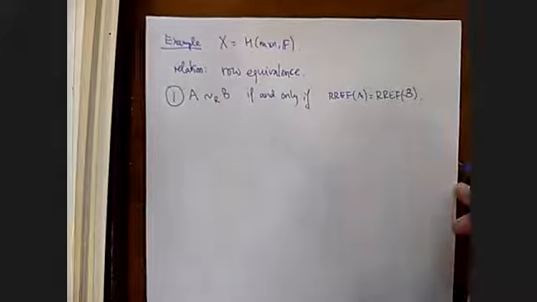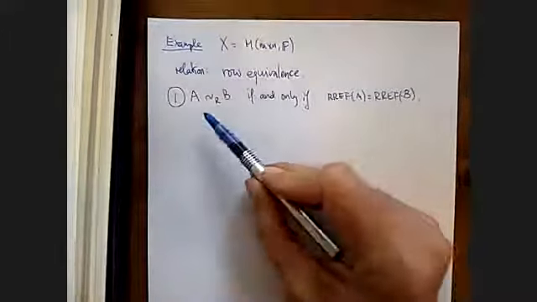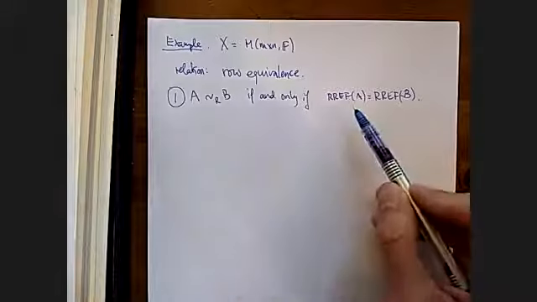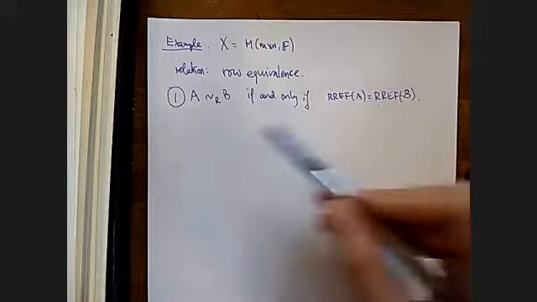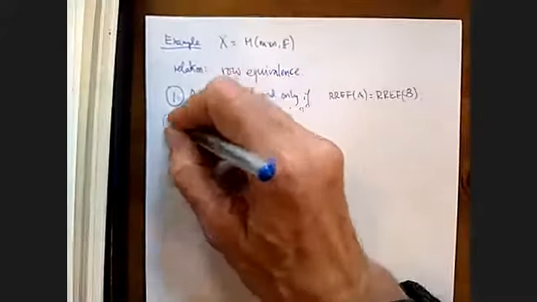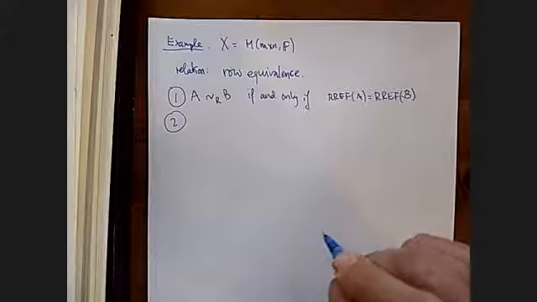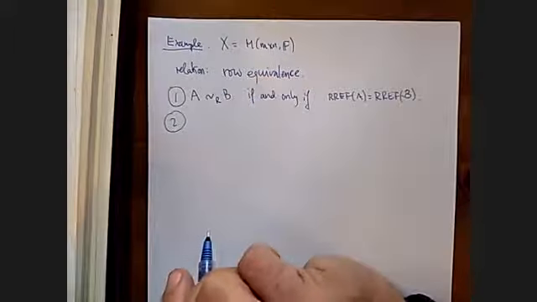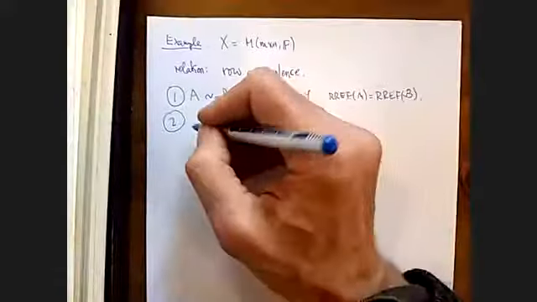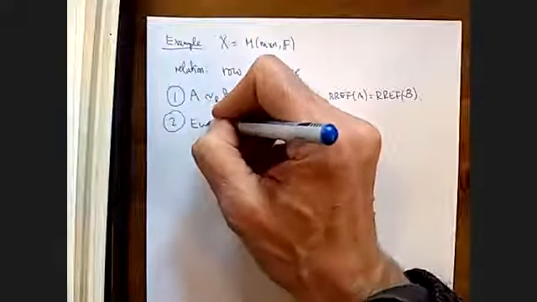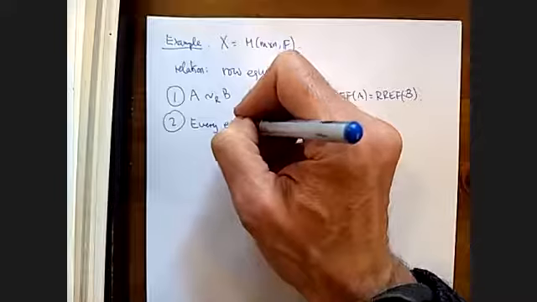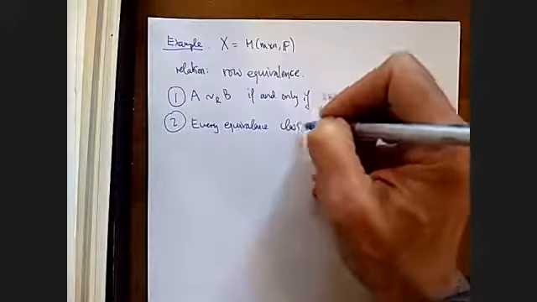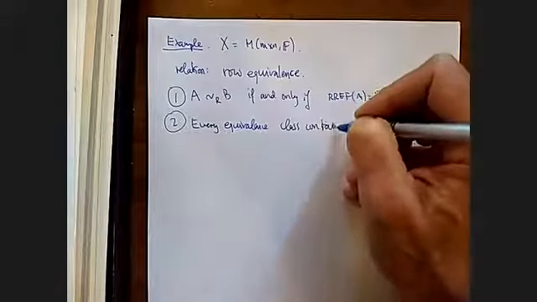So we have a very good criterion to tell when two elements are equivalent according to row equivalence. The second fact is also a good description of the equivalence classes. So in some sense, a good overview of the equivalence classes by the fact that every equivalence class contains a unique matrix in reduced row echelon form.